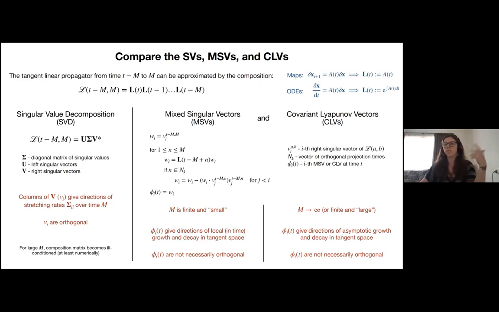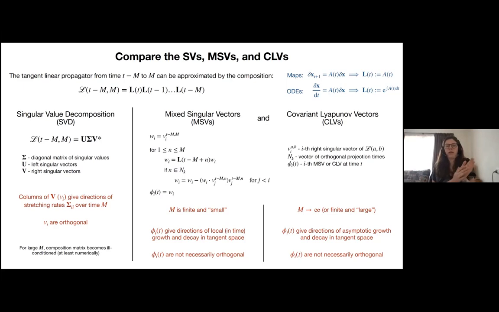In our case, it's quite simple because we just have a matrix. However, when you go to continuous, it gets a bit more complicated with matrix exponentials over here. But nevertheless, it's the same concept that brings you to this propagator. Once you have your propagator over that time window, you could do a singular value decomposition, where the columns of your V from your SVD give you the directions of your stretching rates over that interval.